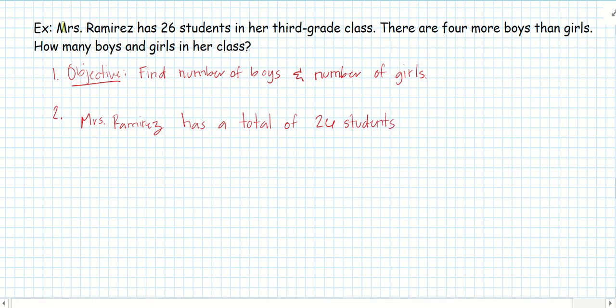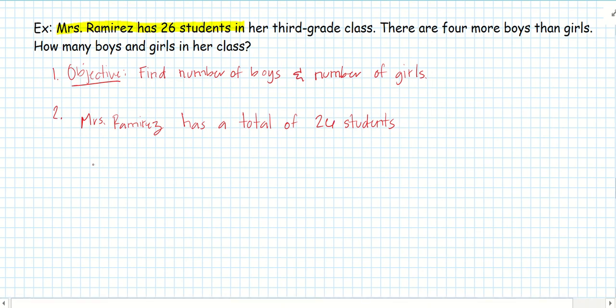Okay. So this first part has 26 students. So that right there means that whatever number of the boys plus whatever number of the girls, it's going to be a total of 26, right?